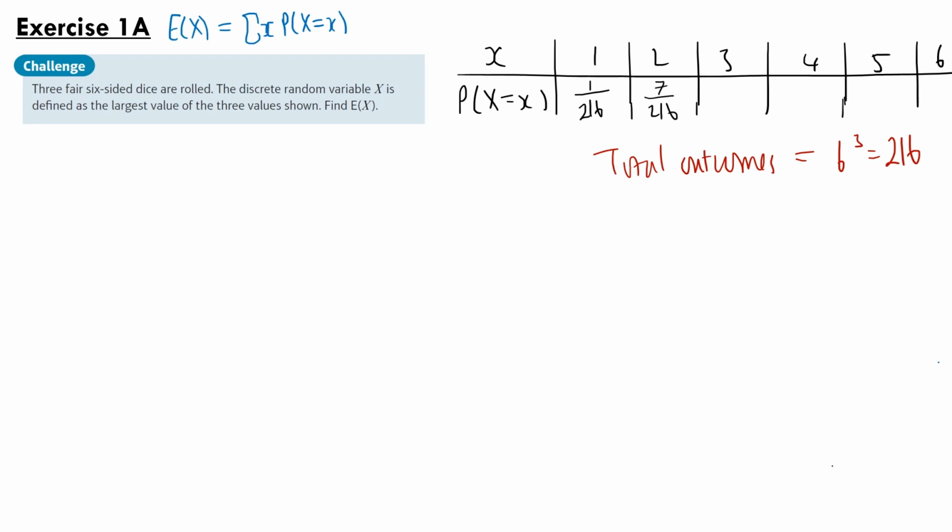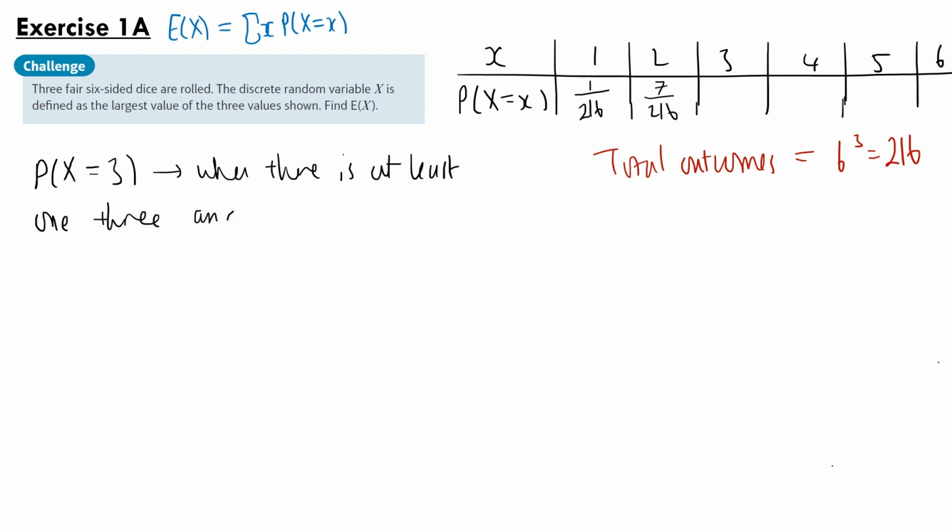Okay, now for the probability that X is equal to 3. This occurs when there is at least one 3, and there are no dice that roll more than 3.